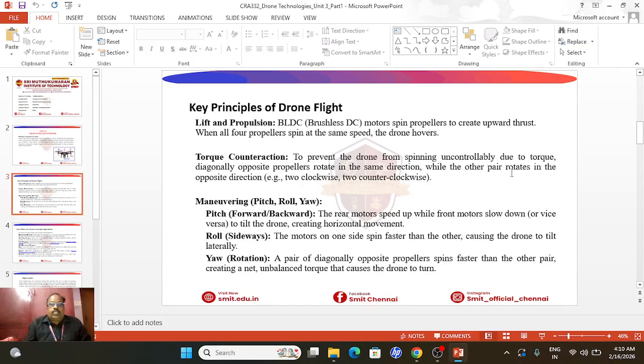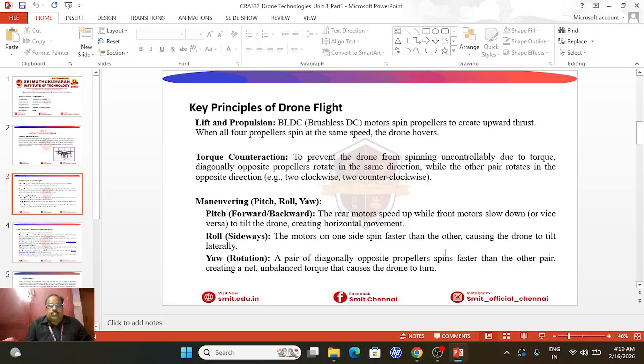And maneuvering, as we discussed: pitch, roll, and yaw. For pitch, the rear motors speed up while the front motors slow down, or vice versa, to tilt the drone, creating horizontal movement. Roll is sideways: the motors on one side spin faster than the other, causing the drone to tilt laterally.